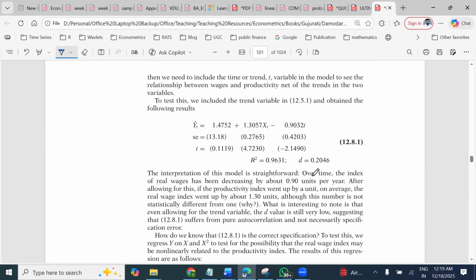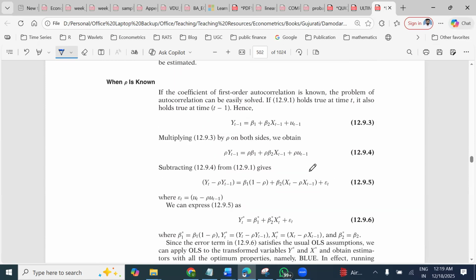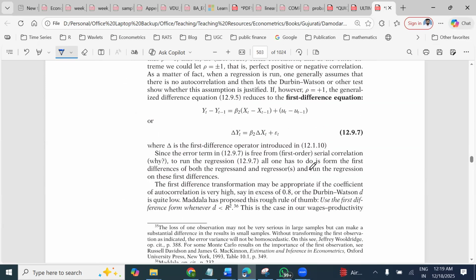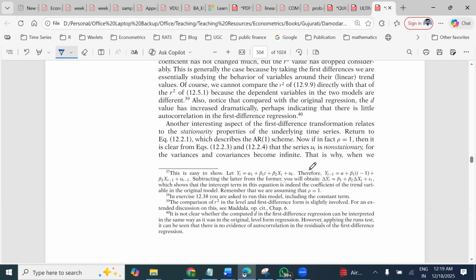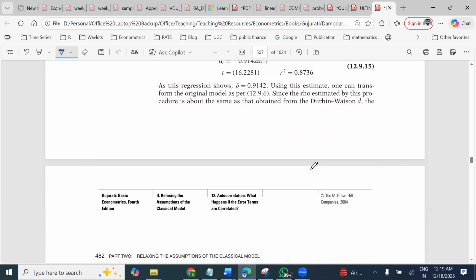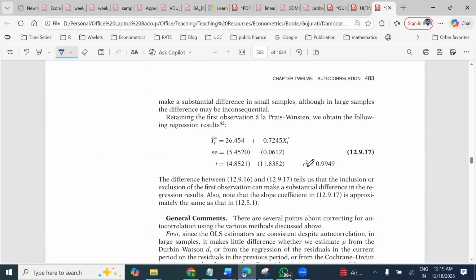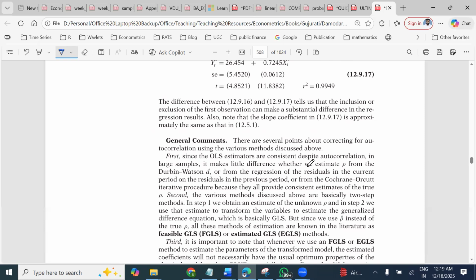Now, see what it is saying. First, since the OLS estimators are consistent despite autocorrelation.